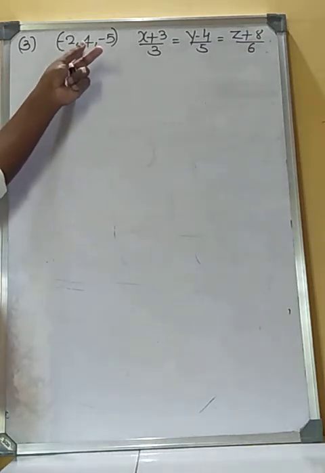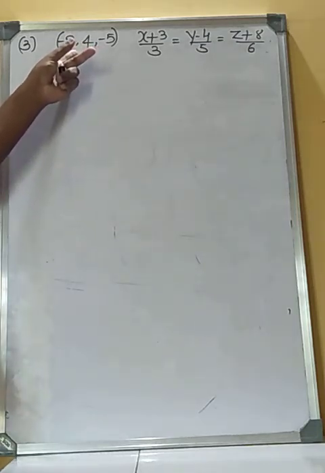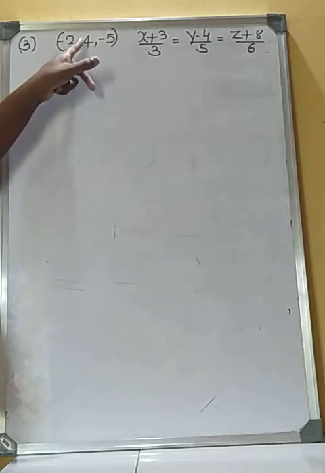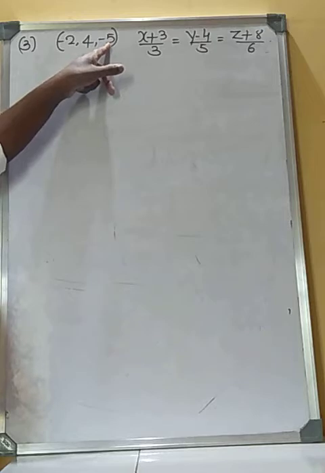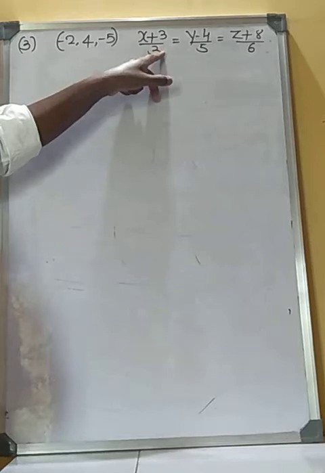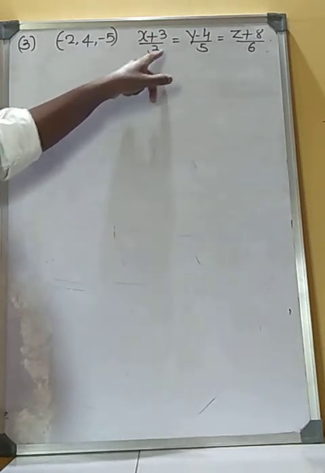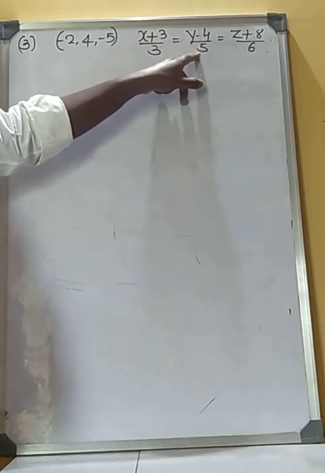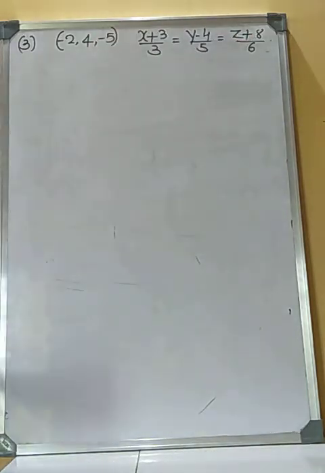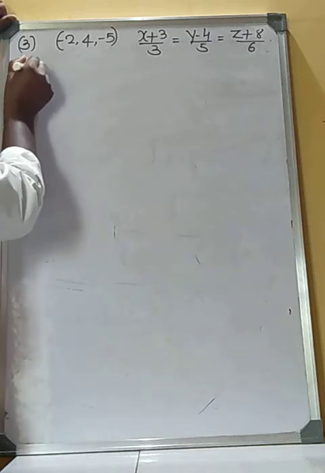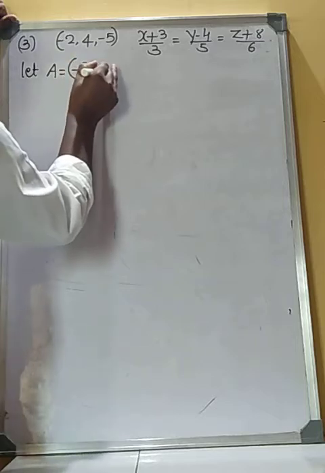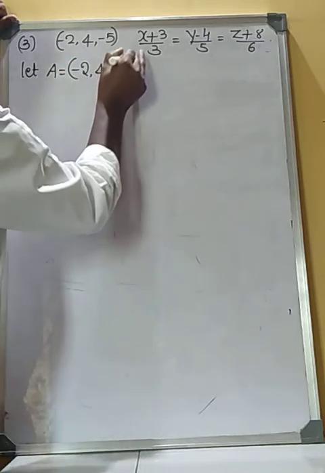Find the Cartesian equation of a line which passes through this point (minus 2, 4, minus 5) and is parallel to the line given by (x plus 3) by 3 equals (y minus 4) by 5 equals (z plus 8) by 6. Here also let A be (minus 2, 4, minus 5).